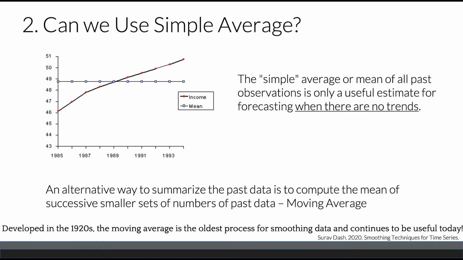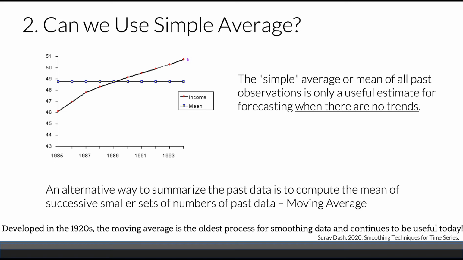Why can't we just use a simple average? Here's an example of income data. If you take a simple average, or mean, of all past observations, this is our estimate. But it's only useful if we do not have any trends in our data. So an alternative and better way to summarize the past data is to compute the mean of much smaller sets of numbers in past data, which is the moving average.